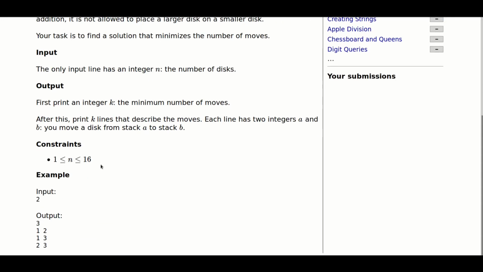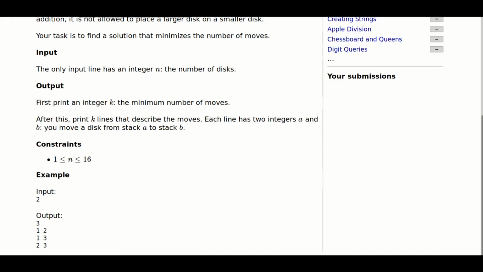So n is up to 16, and we need to print k, the minimum number of moves, and after this print k lines that describe the moves. Each line has two integers a, b. You move a disk from stack A to stack B.